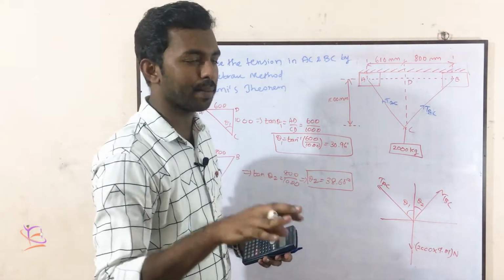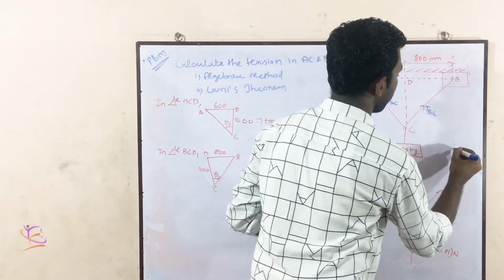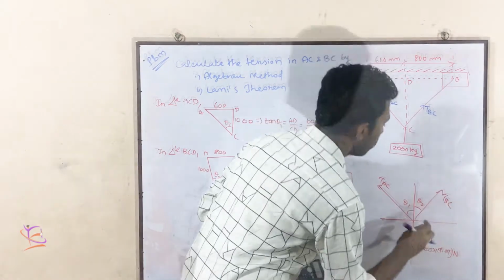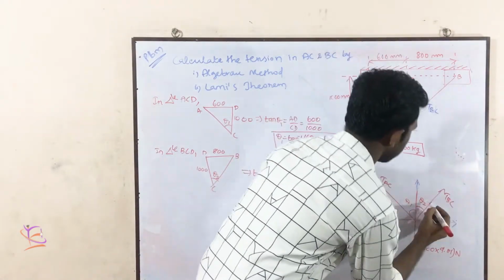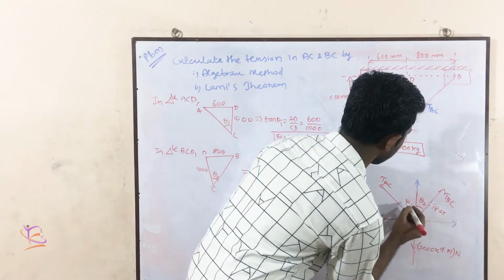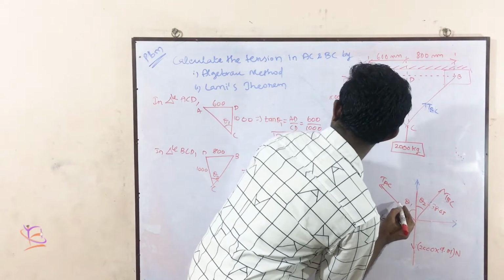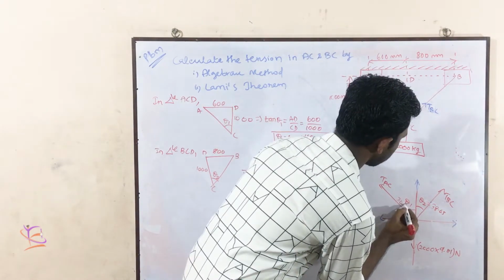Now we can complete the free body diagram. So how can we complete it? Now substitute here: theta 2 is 38.65 and theta 1 value is 30.96.